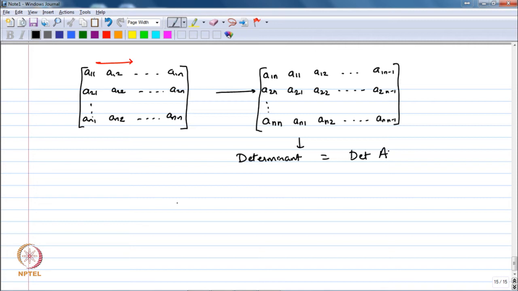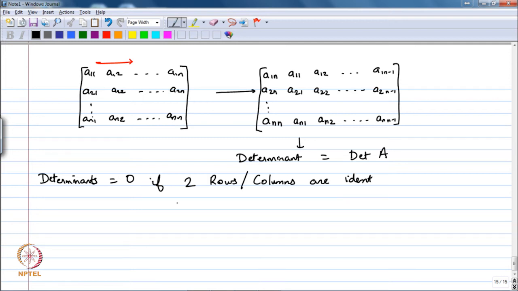Another very important property of determinants is that the determinant is equal to 0 if two rows or columns are identical.